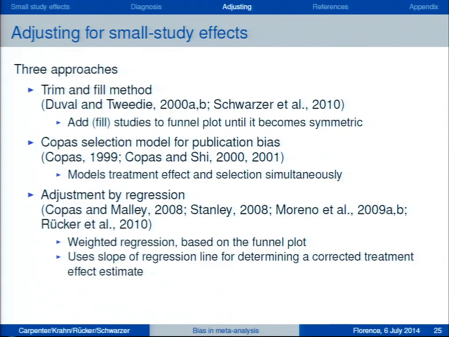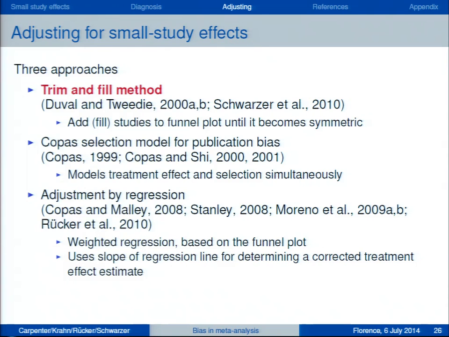It's a special case of the 2-stage Heckman model used in economics, and it models the treatment effect and the selection simultaneously in one model. And the regression methods use the idea of the Egger test and do a weighted regression based on the funnel plot, and then use the slope of the regression line for estimating a corrected treatment effect.